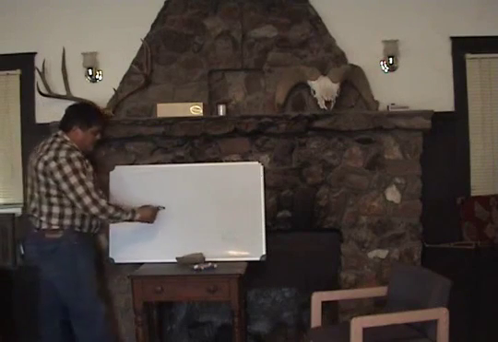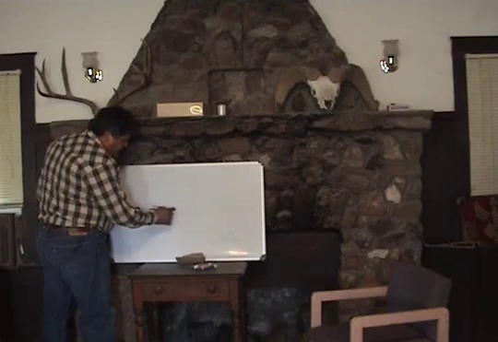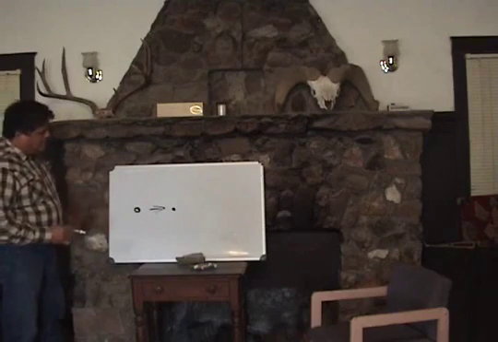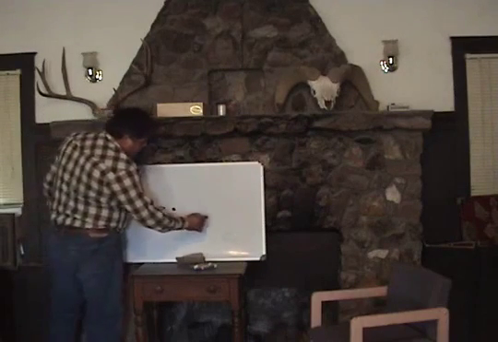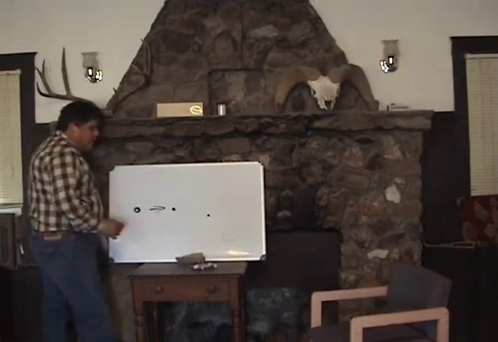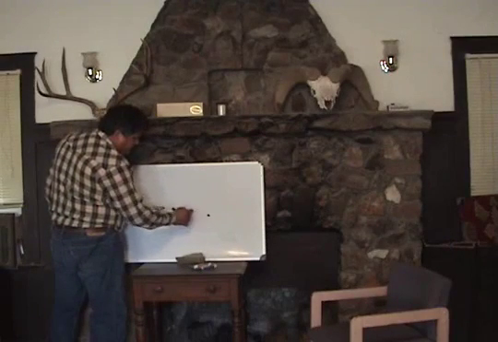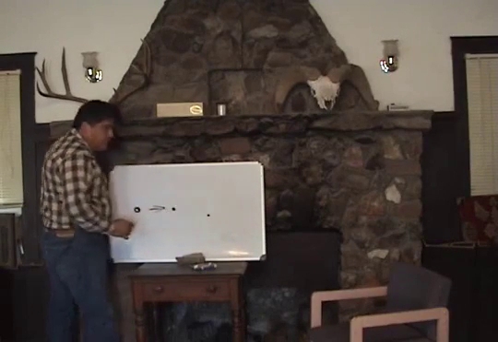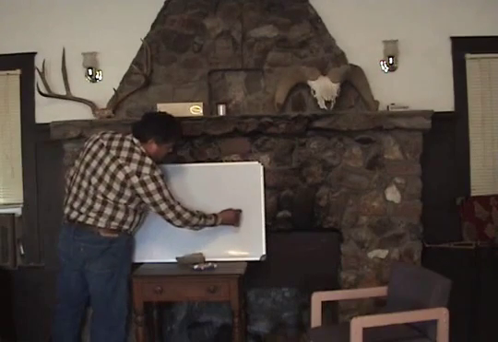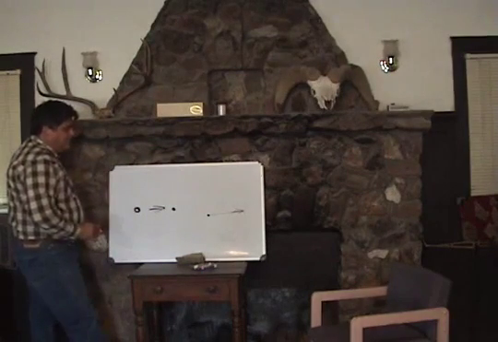Now, let's say we get up to here and we come across a situation where we have a rabbit that's over here, and the rabbit views the person first. The rabbit views the person first and decides that this is what I got to do. He takes off running. Pretty common.